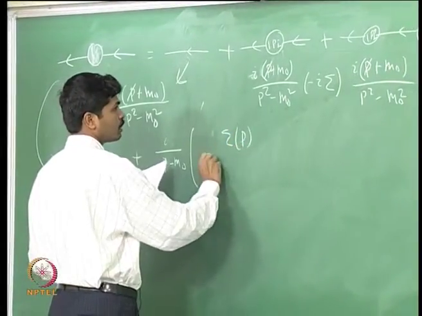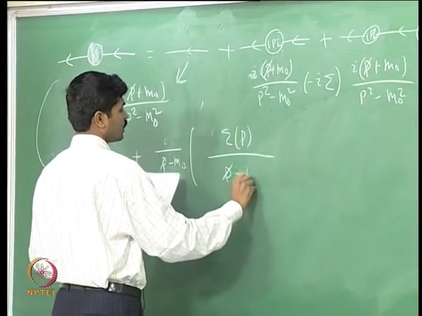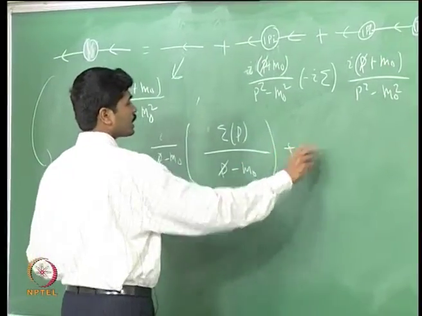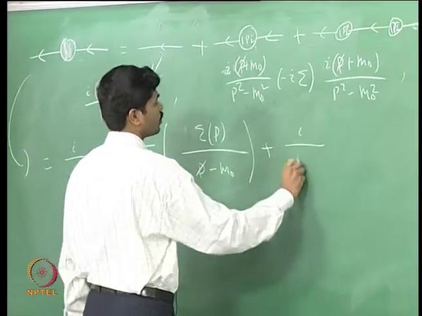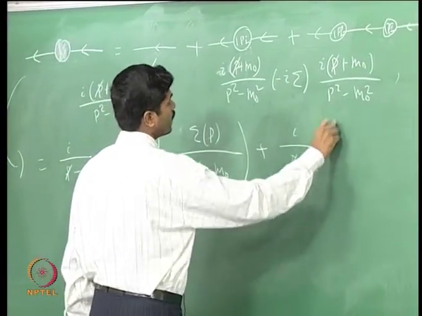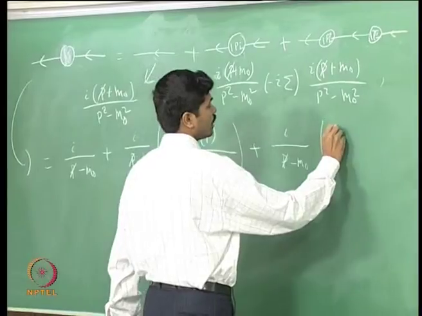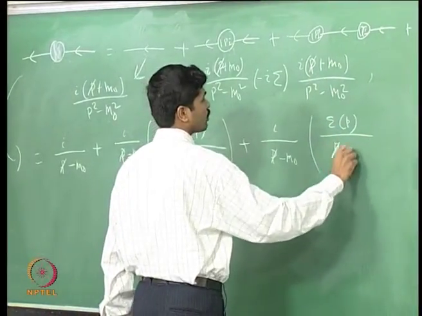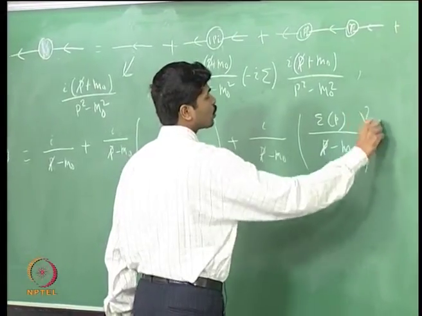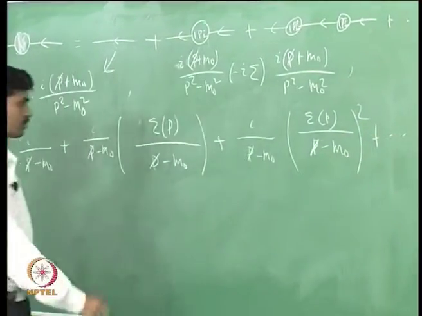So, sigma of p divided by (p slash minus m0), and the next term will again be exactly like this. You will have i over (p slash minus m0), and this quantity will appear twice. So, you will have sigma of p divided by (p slash minus m0) whole square, and so on.